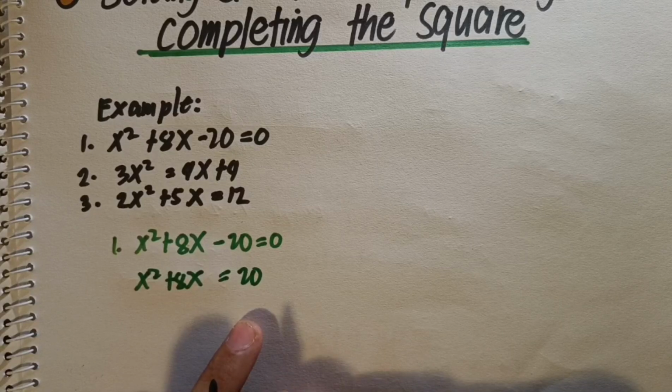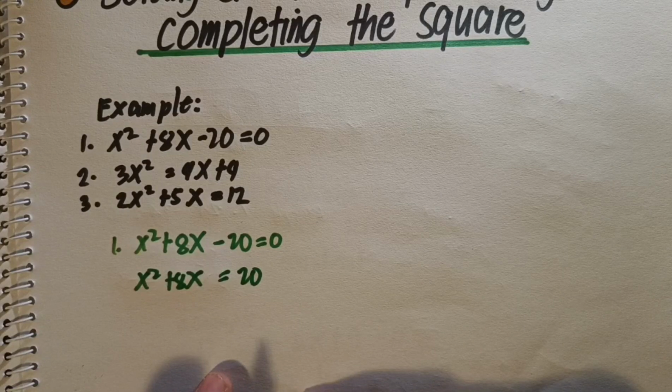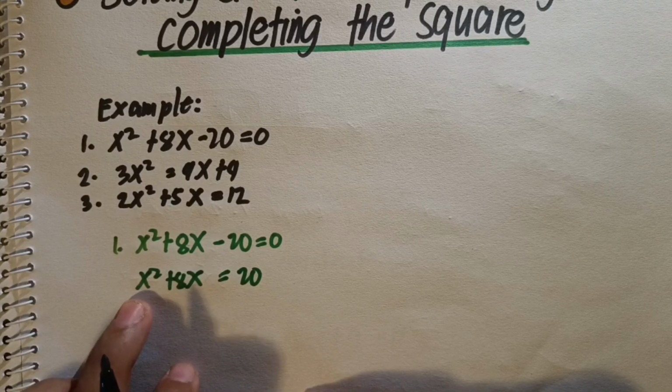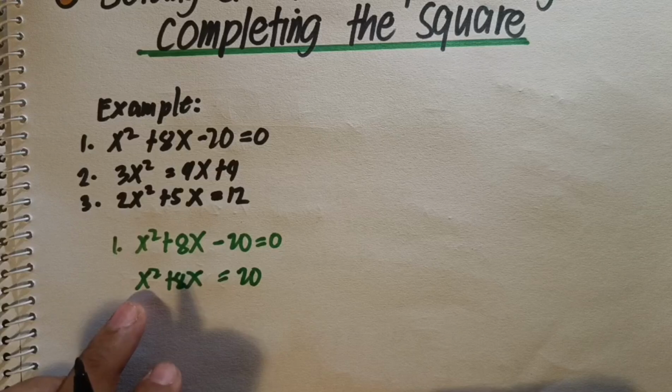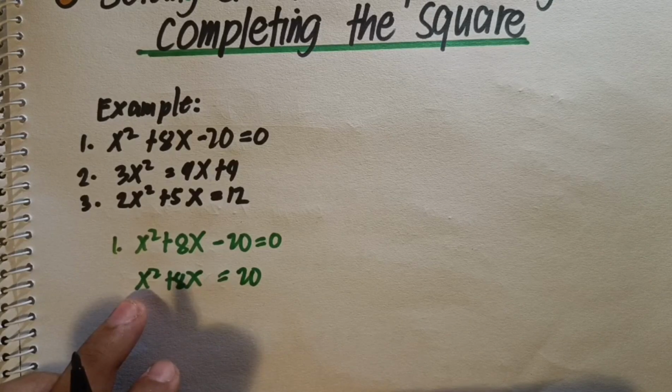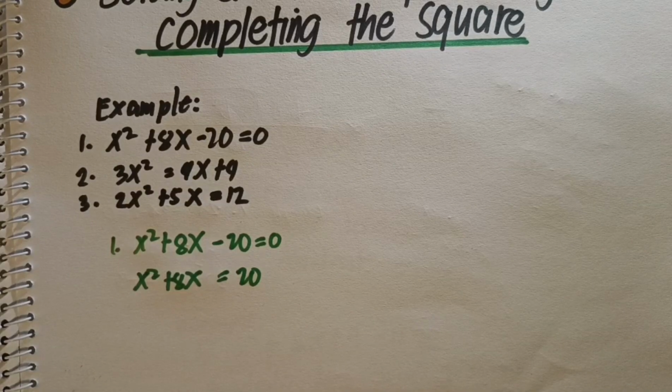Second step, we are going to make sure that the coefficient of the quadratic term, or x squared, is 1. In this case, the coefficient of the quadratic term is 1. So therefore, we are going to proceed to the next step.